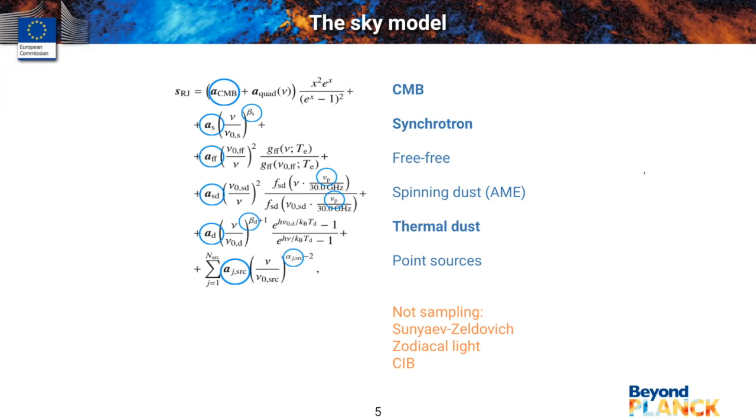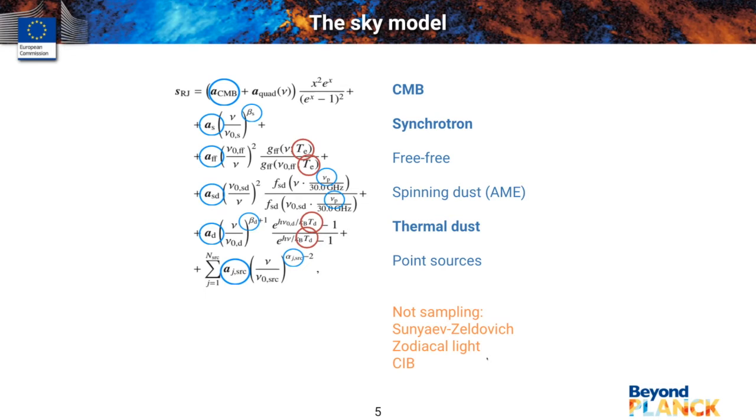So, for example, here, these parameters are not being sampled right now. That's because of the red ones, and also these models can be made a lot more detailed and complex in a system where we have more input data.